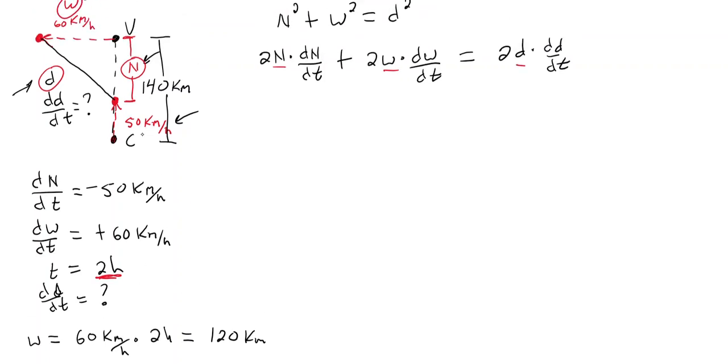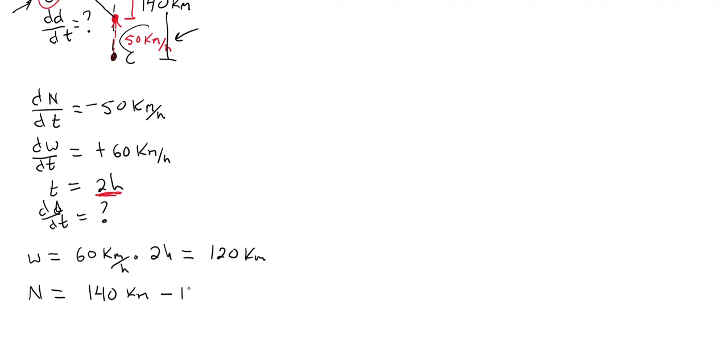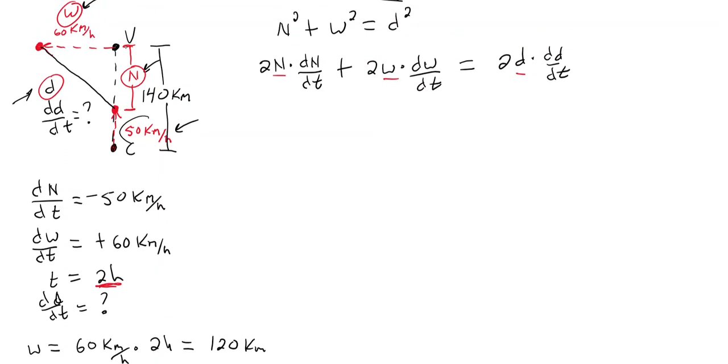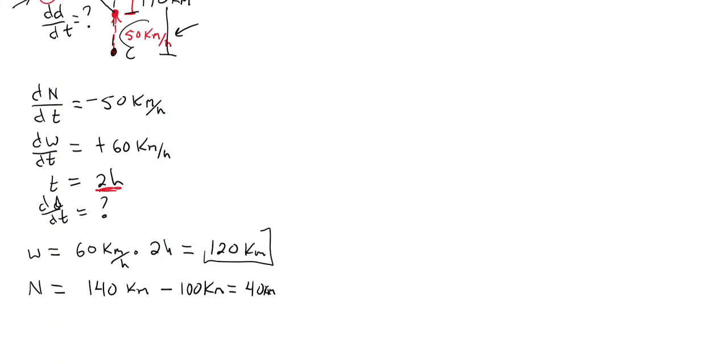So just to avoid confusion here, I might not write that down. But 50 kilometers an hour times 2, that's 100 kilometers, right? So I'm going to subtract 100 kilometers. So it's 40 kilometers. Okay, so that's how far n is, right? That's n here. Okay, we're doing good. So we got that one.